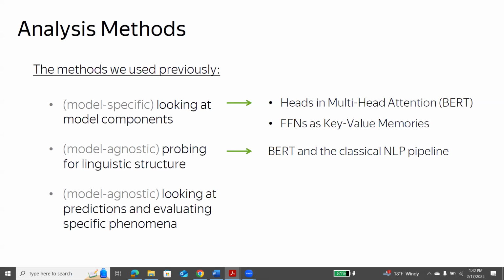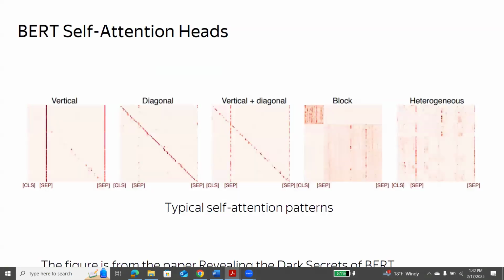So let's talk about first model specific, or intrinsic, evaluation. If you look at the attention maps for each head, you remember in the case of translation, we saw attention between the words in one language and words in the other language. In this case, it's self-attention, like input text.